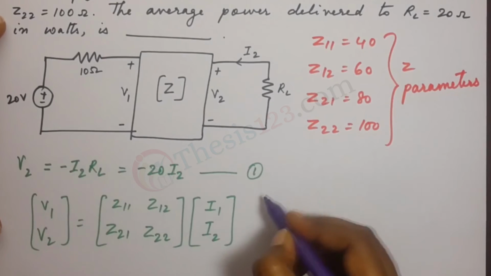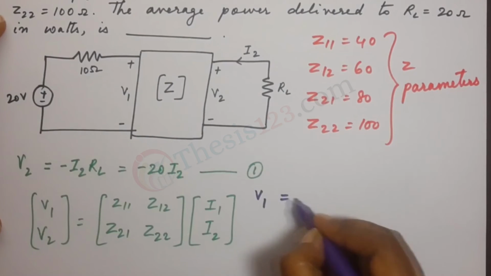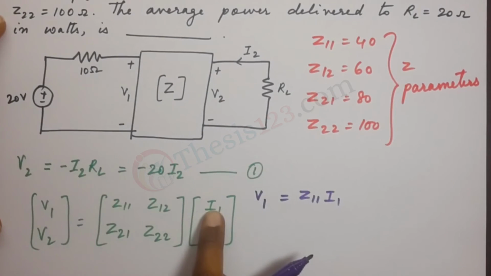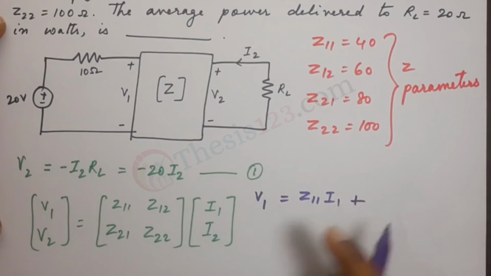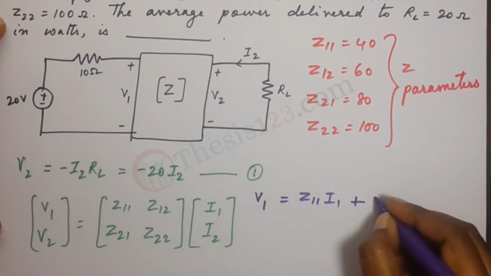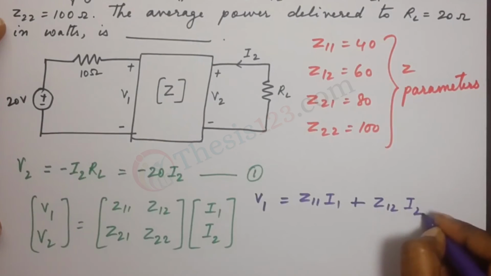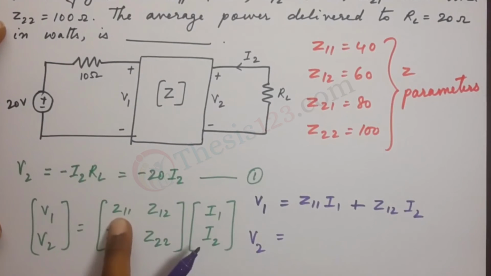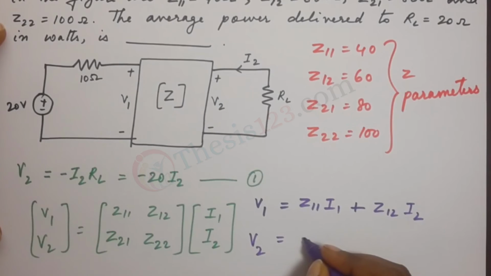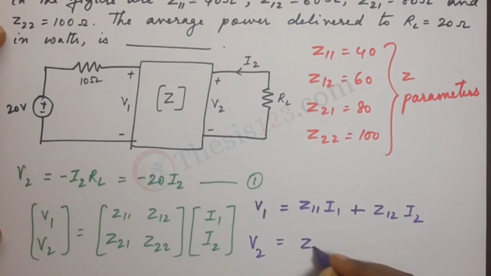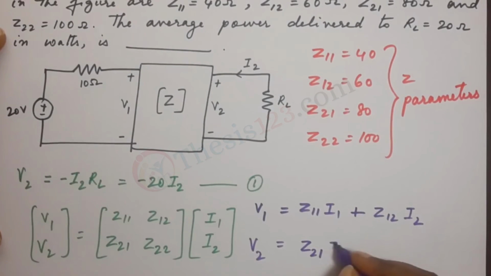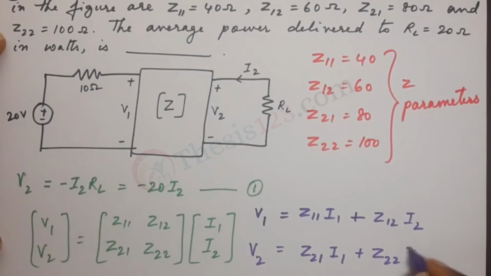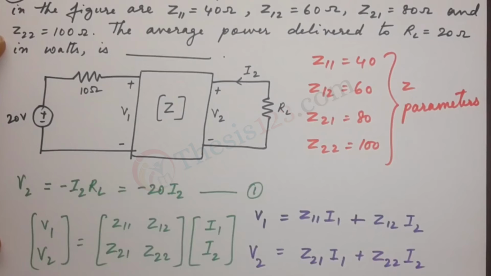Our two equations would be V1 is equal to Z11 I1 plus Z12 I2, and V2 is equal to Z21 I1 plus Z22 I2.